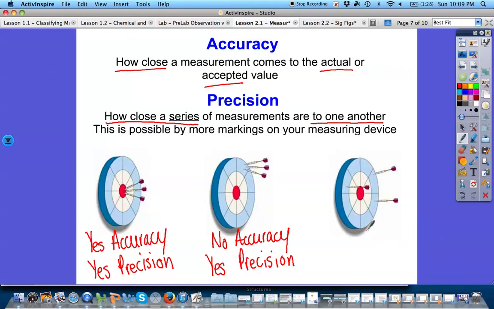And here in our last target, none of them are hitting the bullseye, so we have no accuracy. And then all 3 are spread out, so no to precision.